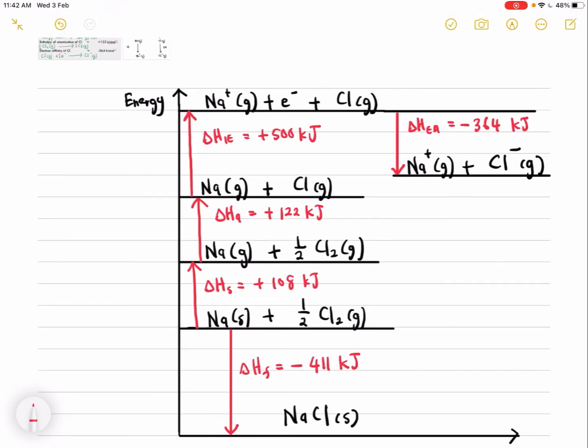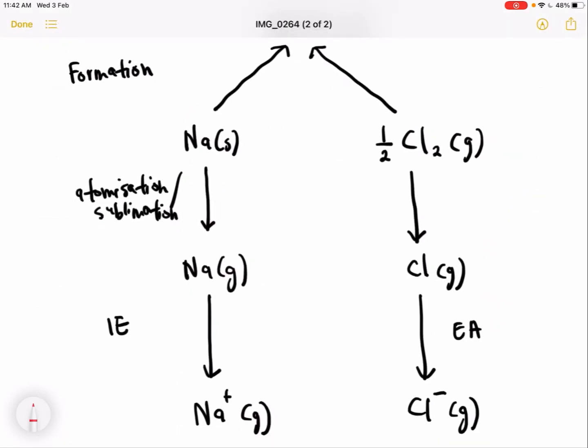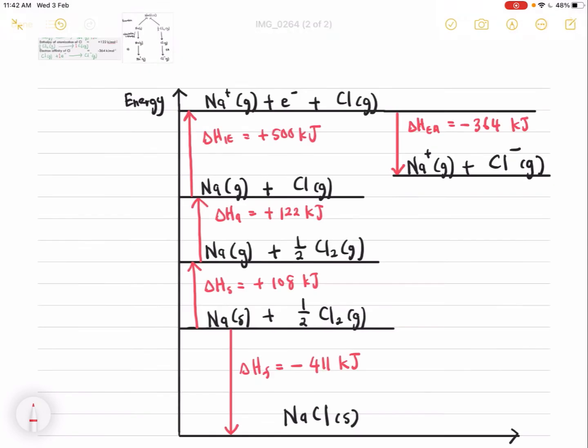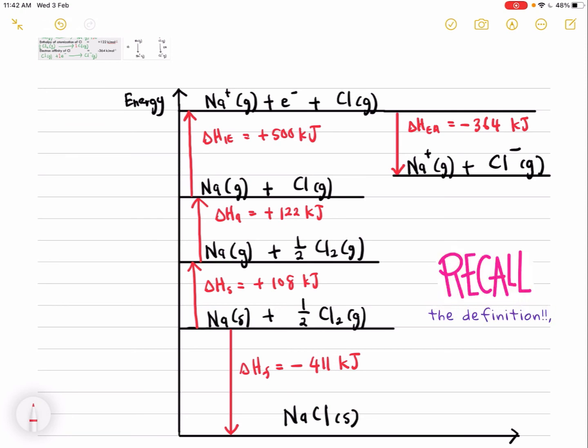According to our planning, you have to end your Born-Haber energy level diagram with the Na plus ion and Cl minus ion. According to our steps, you have successfully formed those two ions. So the last step will be lattice enthalpy or lattice energy. What is lattice enthalpy? Lattice enthalpy is the energy released when 1 mole of solid ionic crystal is formed from its gaseous ions.